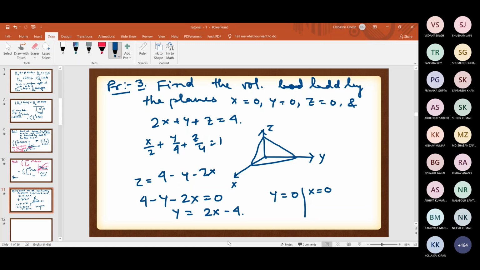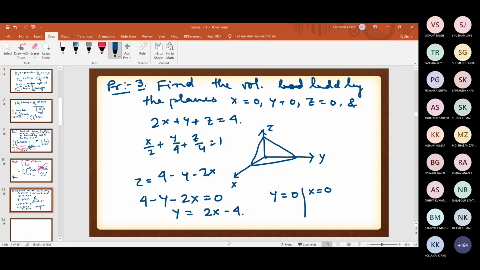You can see that the z axis is the function f of xy, so we have to consider the base is your xy plane. For the base xy plane, the equation of the line will be 4 minus y minus 2x equals 0.